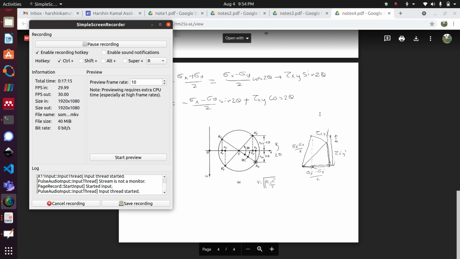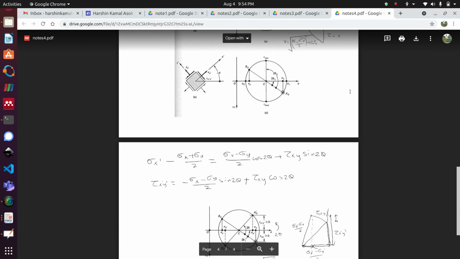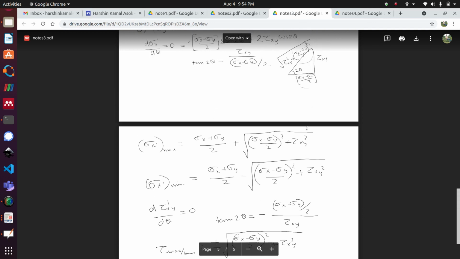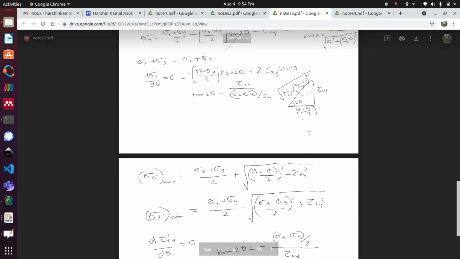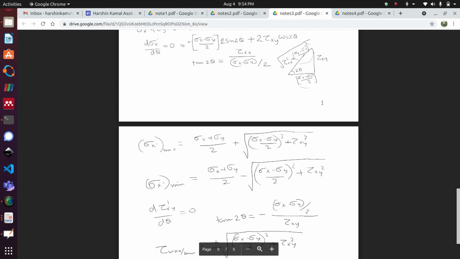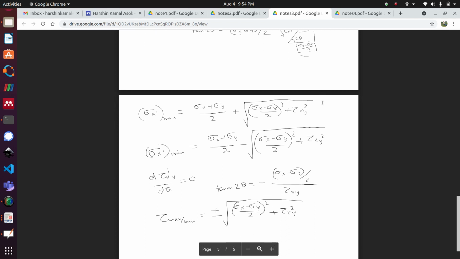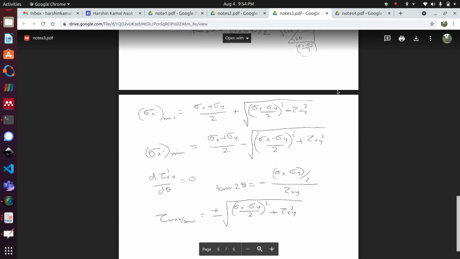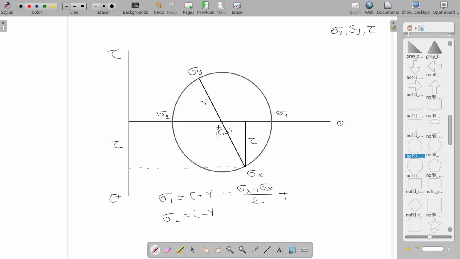So if you compare it with our equation here, you can see that we've used sigma x minus sigma y by 2, right? Same thing, right?